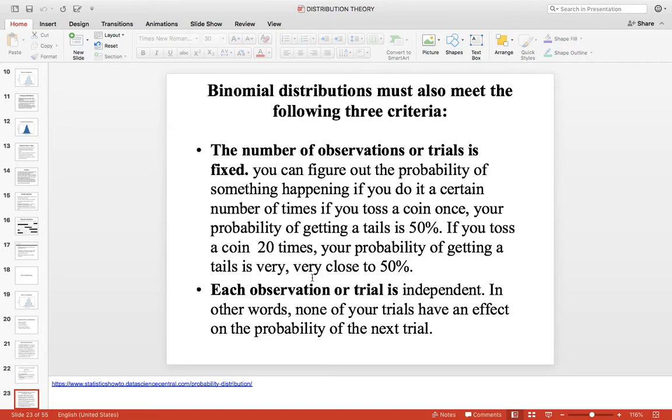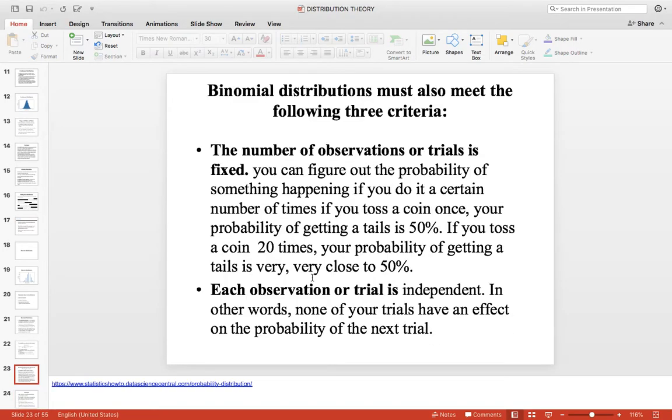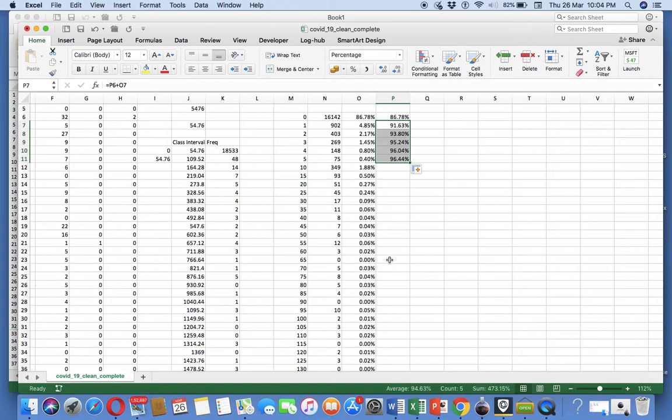Each trial is independent. This is very important: the first toss should not influence the next toss, which is true in tossing an unbiased coin. In other words, none of our trials have an effect on the probability of the next trial. Now let me show you this example in Excel.